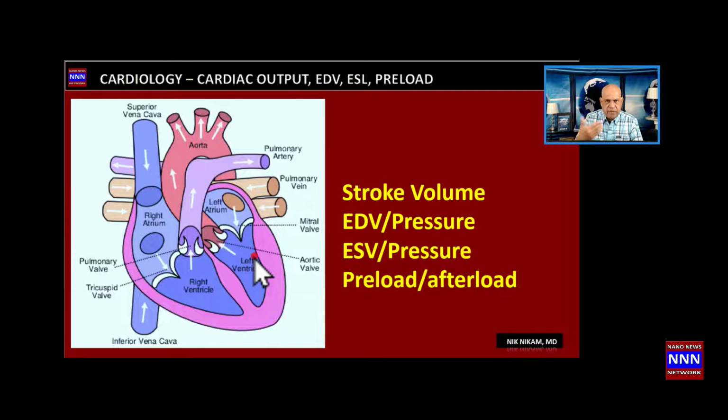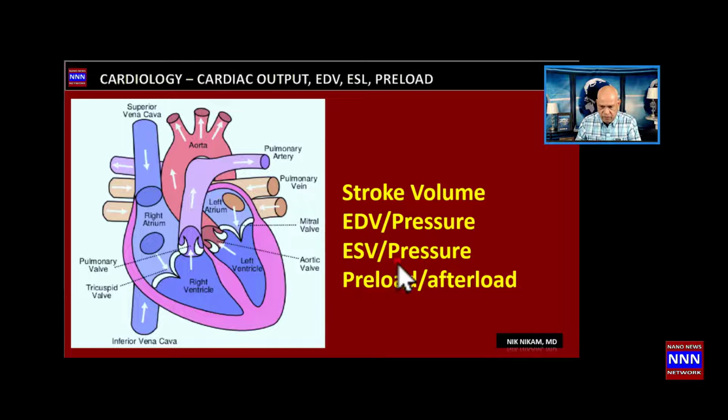And anytime there is an increase in pressure, it makes it harder for the ventricle to fill. That's why when patients with hypertrophic cardiomyopathy develop atrial fibrillation, they decompensate very quickly because their ventricles cannot fill with each atrial contraction. As a result, they develop pulmonary congestion. That's why all these numbers are very important.